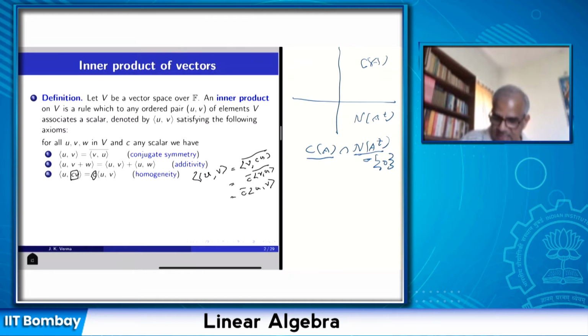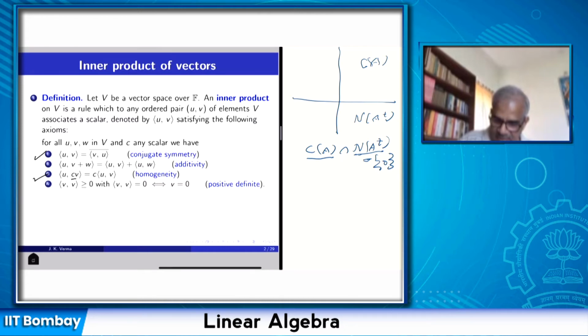So if I take a scalar in the first component, its conjugate comes out. This is a consequence of the first condition and this condition: if I scale a vector in the first component, then that scalar comes out of the inner product with a conjugate sign. But if I scale the second vector in the inner product, then that scalar comes out, not its conjugate.